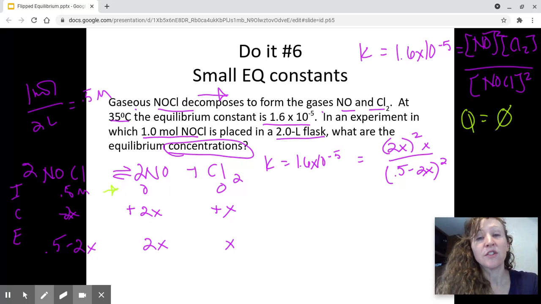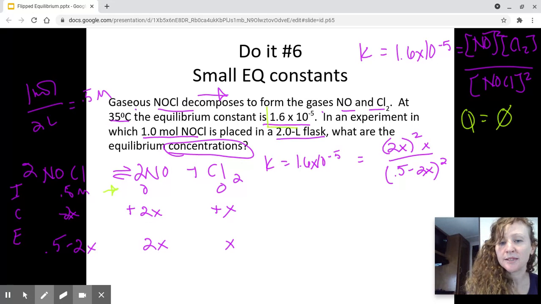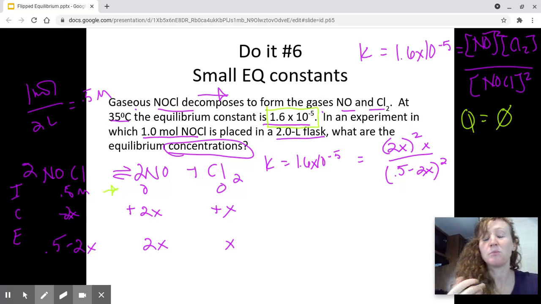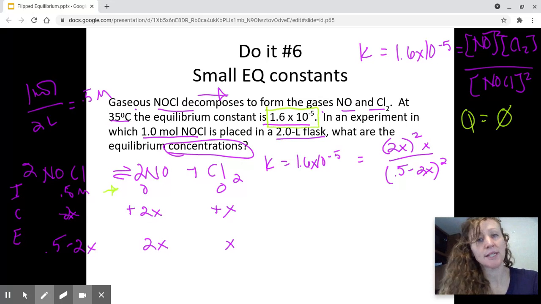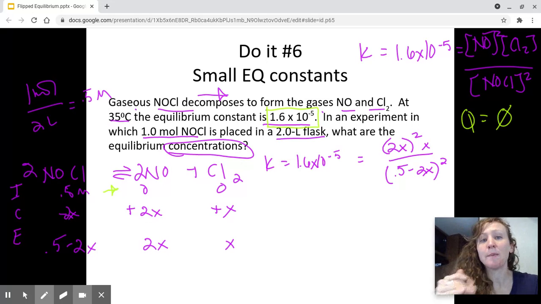So if there's something missing from your equation, you don't even have to calculate Q. You already know which direction the reaction is going to proceed. Second of all, I want us to look at this equilibrium constant and tell me, is this a big equilibrium constant or a small equilibrium constant? It's a small equilibrium constant. So what does that mean?